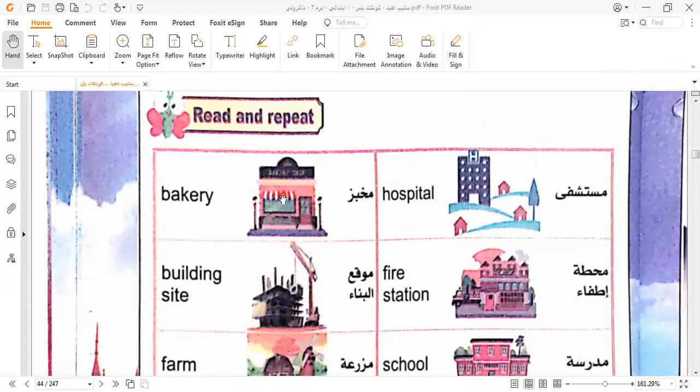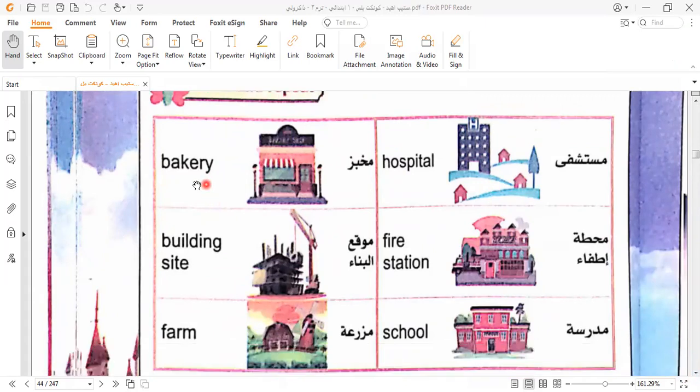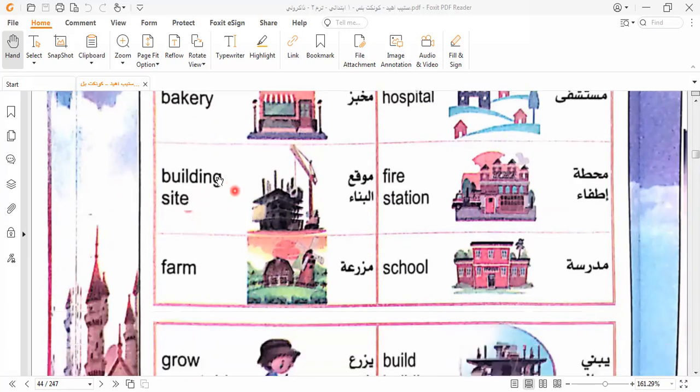Read and repeat. We have bakery. Last class we talked about jobs and the places of the persons who work in these shops. We say the baker works in a bakery. A doctor works in a hospital. An engineer works in a building site.